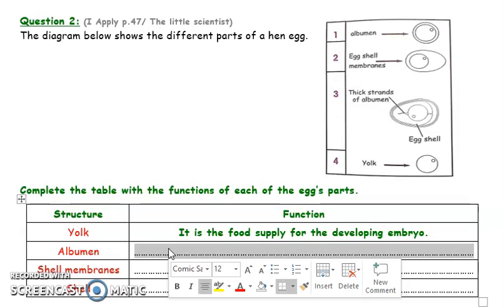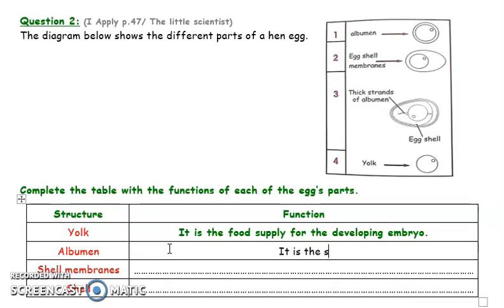The white part, which is the albumin, is the source of water and proteins for the embryo.